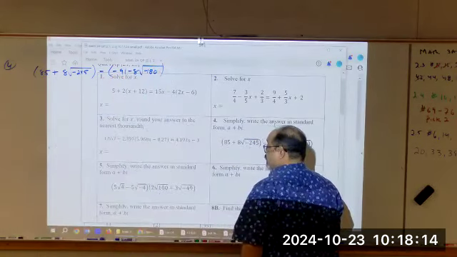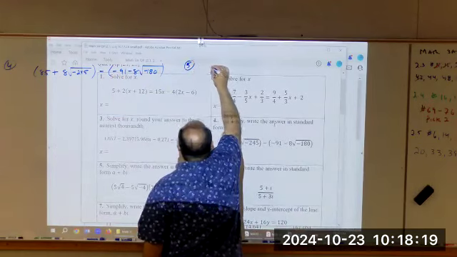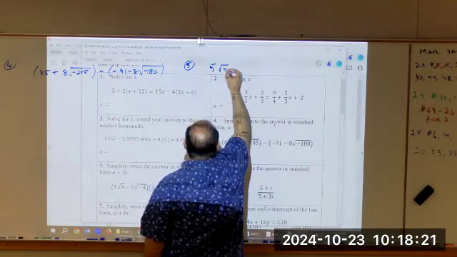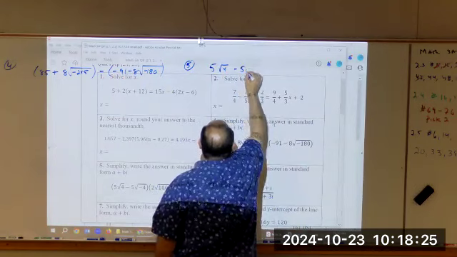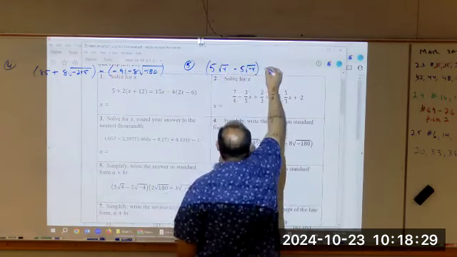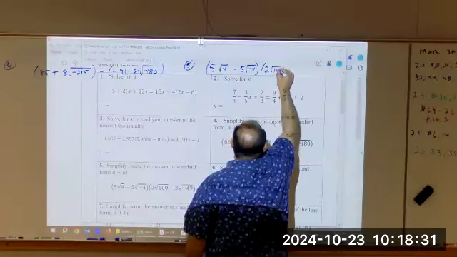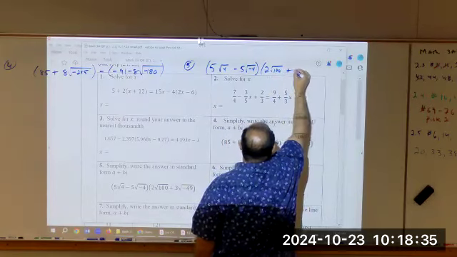And then number 5 is multiplication. Number 5 is 5 square root 4 minus 5 square root negative 4, times 2 square root 100 plus 3 square root negative 49.